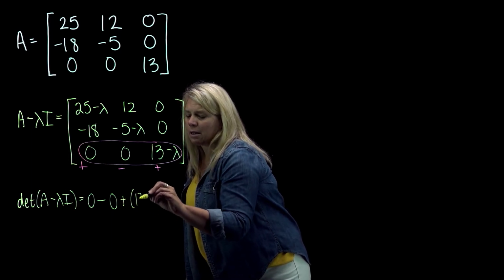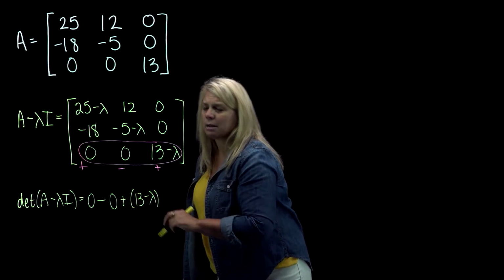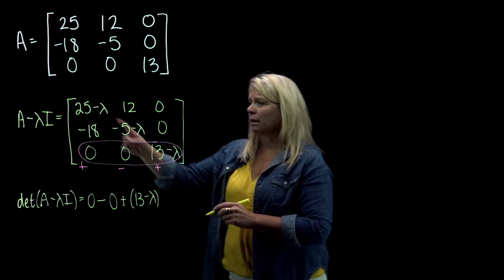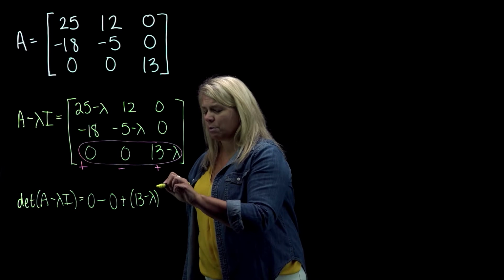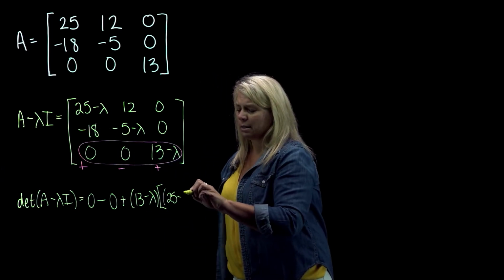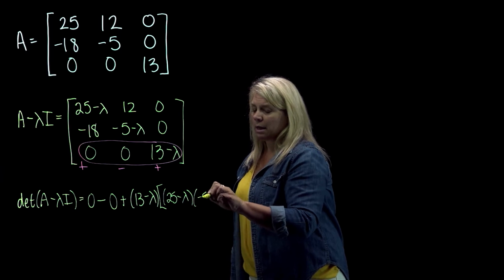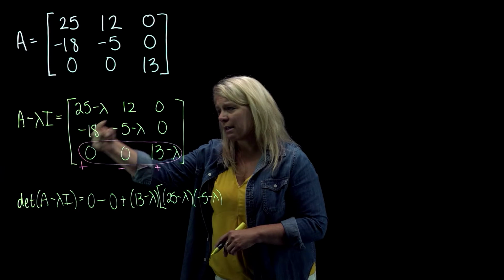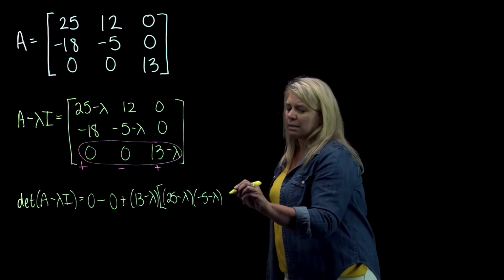And then 13 minus lambda times the determinant of what's left when I eliminate that row and column. So I am going to have to do a little algebra here. I'll have 25 minus lambda times -5 minus lambda, minus -12 times 18.